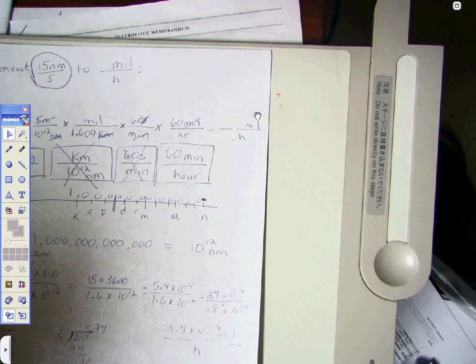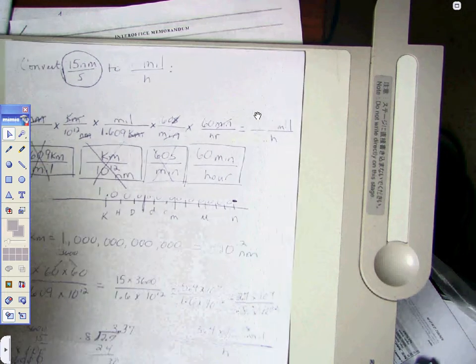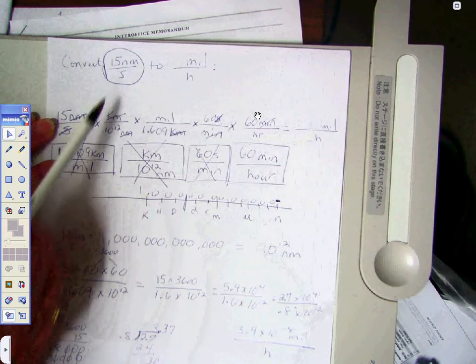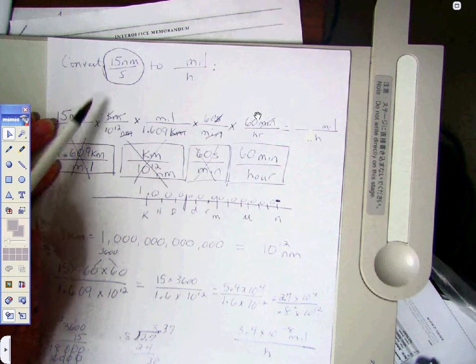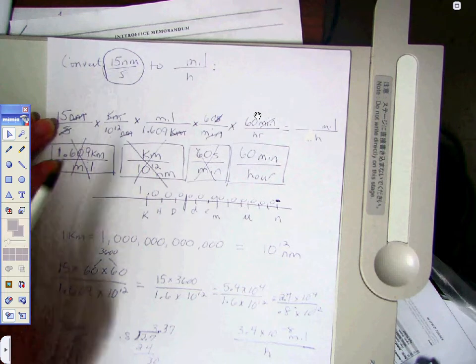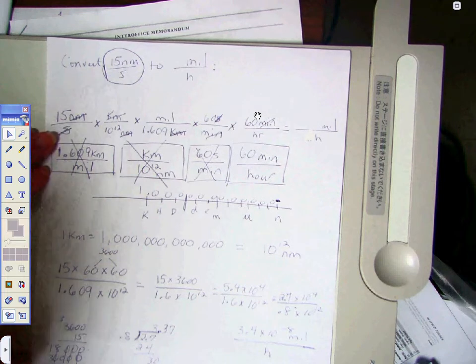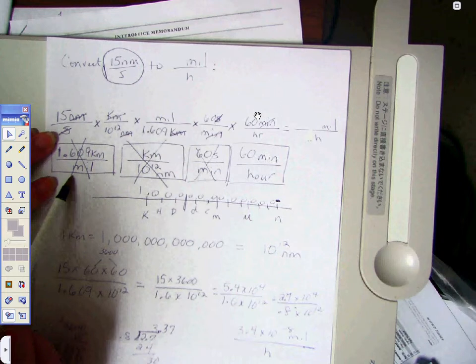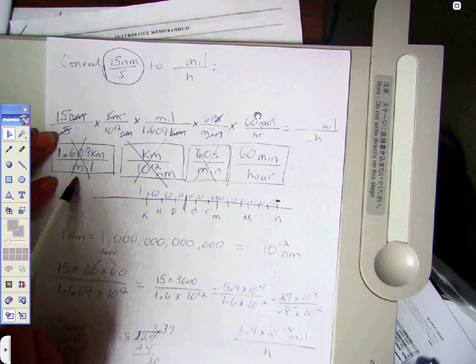The main point to what we were doing was the dimensional analysis. So I started with what I was given. That was step one. And then I went down and I listed all of my conversion factors. This one I can find either by looking in my planner, looking in a book, or just looking on the internet for a conversion factor.